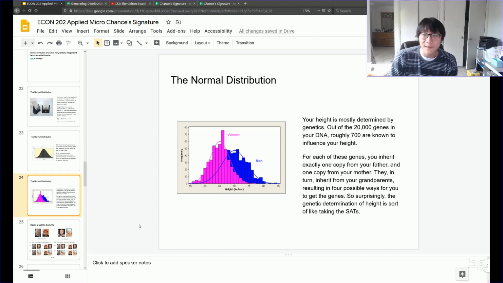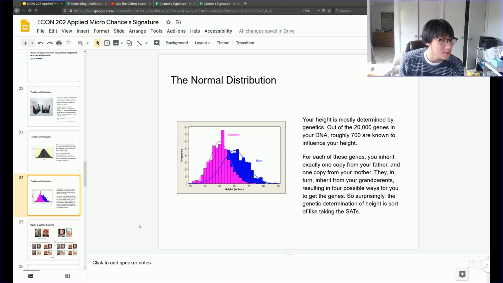And of the 20,000 genes in your DNA, roughly 700 are known to contribute to your height. Now, here's the thing. For each copy of those genes, you inherit one version from your mother and one version from your father. That's sort of how genetics works. For each gene, you have two copies of it, one from your mother and one from your father.